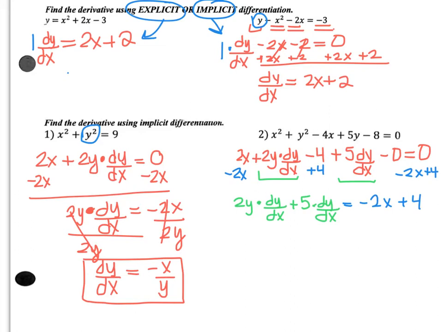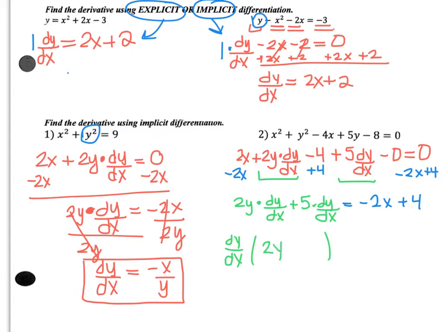Now, the question is, how do I get just one dy/dx? And the trick here is that we're actually going to factor. We're going to take out a greatest common factor of dy/dx. So dy/dx is the GCF. We pull it out on the outside, followed by an open parenthesis. So when I divide 2y dy/dx by dy/dx, I get 2y.